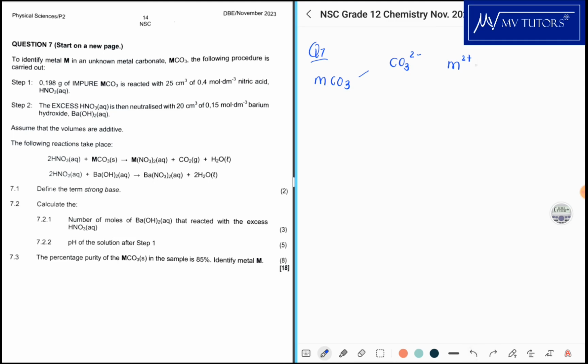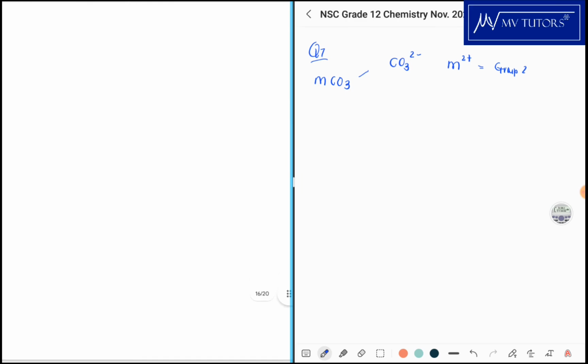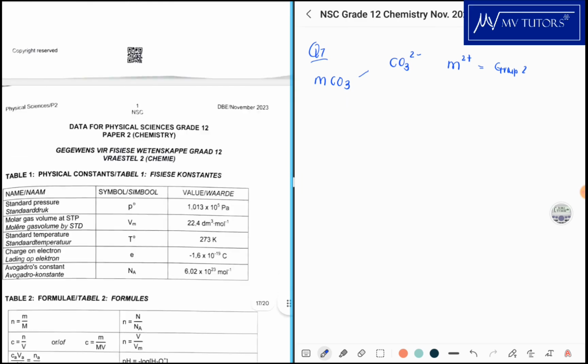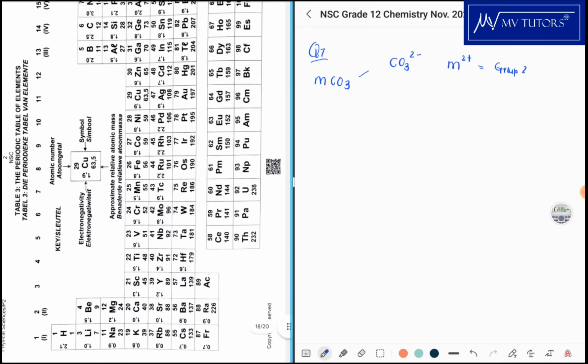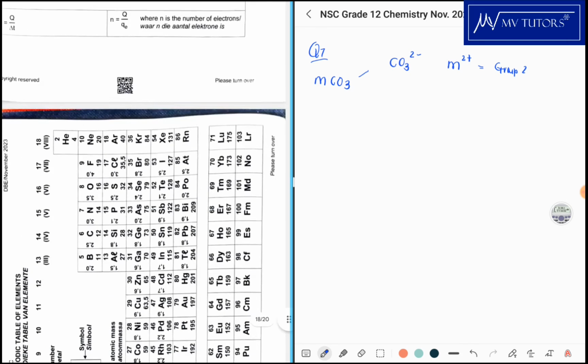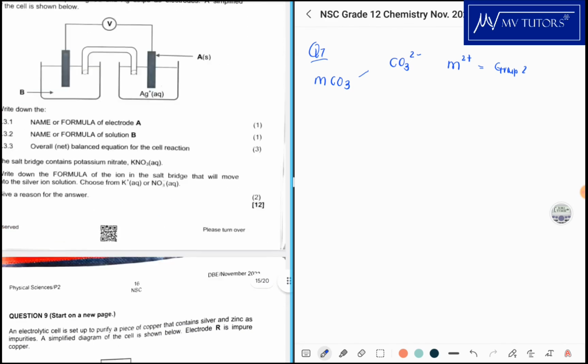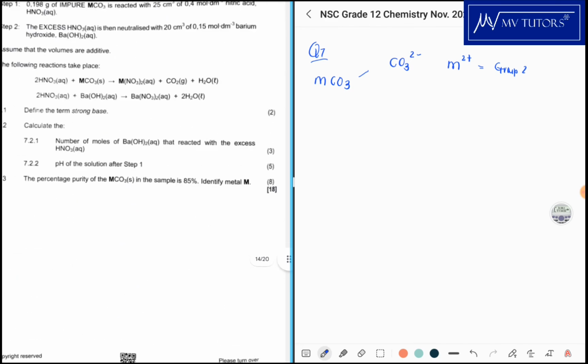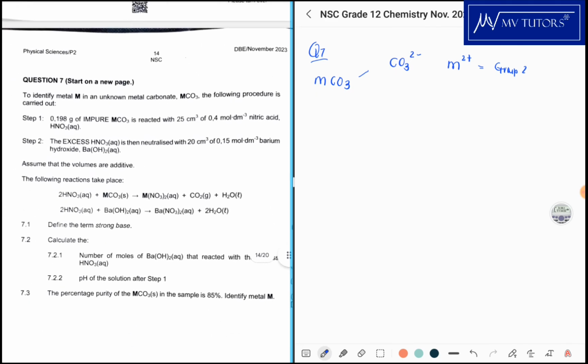So it tells us that this is from group 2. Okay, so all the metals from group 2, beryllium, magnesium, calcium, strontium, barium, radium, those are candidates for this particular M.